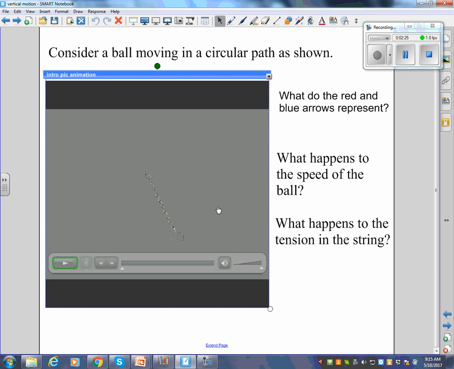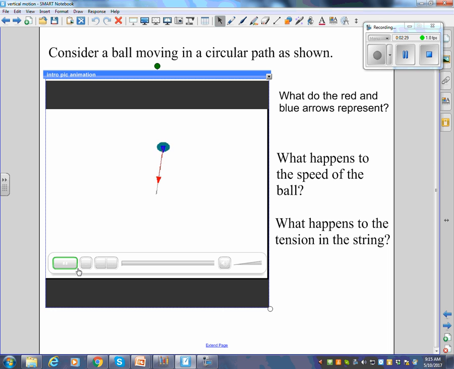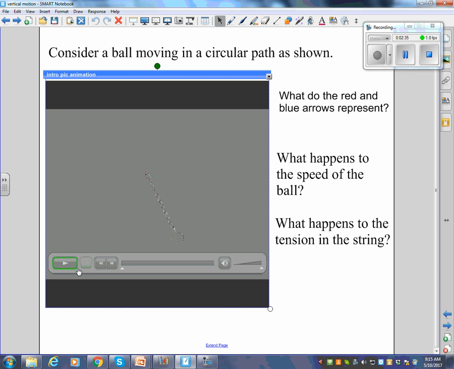Now, what about the speed of the ball? What do you notice? It's a little harder to see in the animation, so maybe I'll just do it in real life here. You can just imagine. Where is the speed at its fastest, Mark? Right at the very bottom.